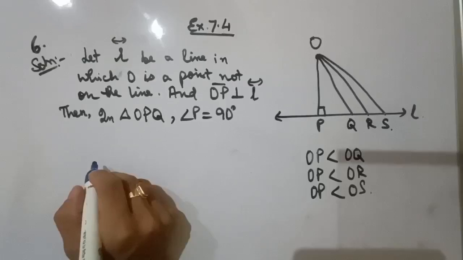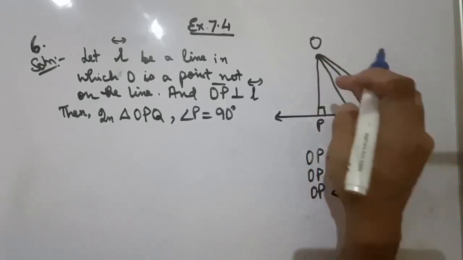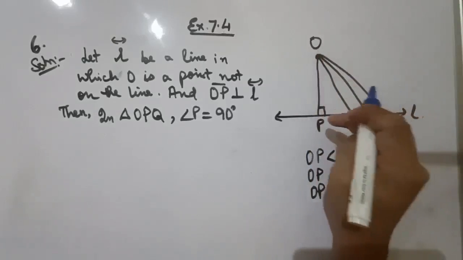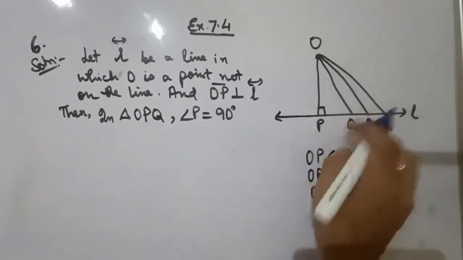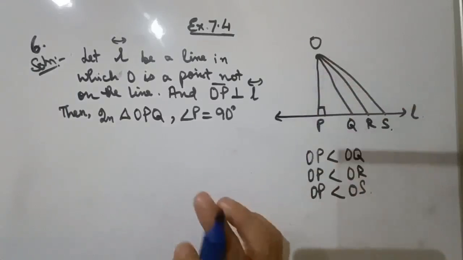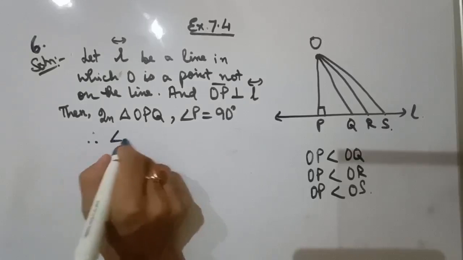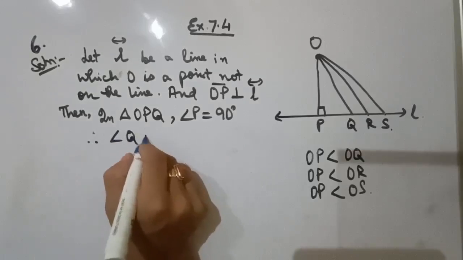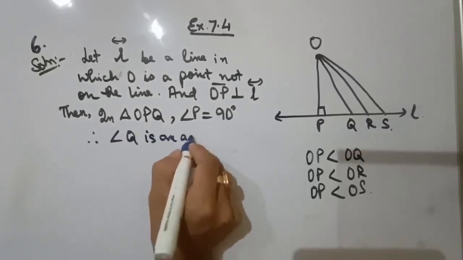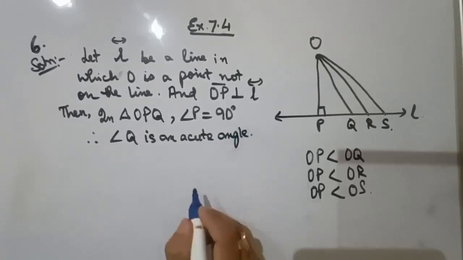The remaining two angles, PQO and POQ in triangle OPQ, will be less than 90 degrees, and these two angles will be acute angles. Therefore, angle Q is an acute angle. Why?